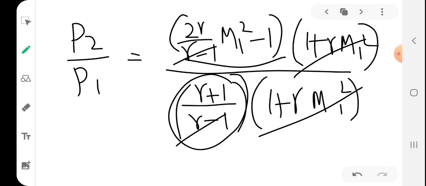You are not judged based on your simplification power in algebra. You just need to know the concepts related to this normal shock. You will be evaluated based on your knowledge in your subject, not merely on your simplification power in algebra. So that's why I'm skipping this. You just try it on your own. If you are not getting it, I will help you.